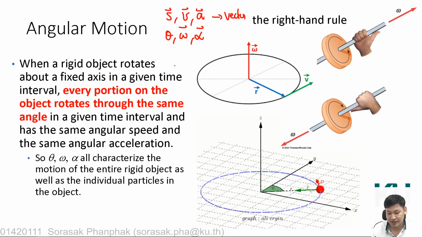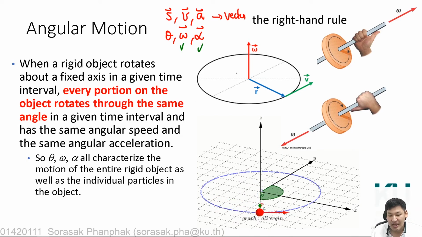If you would like to determine the direction of the omega and alpha, you have to use the right hand rule. The way you wrap your palm is supposed to be in exactly the same direction as the tangential velocity.